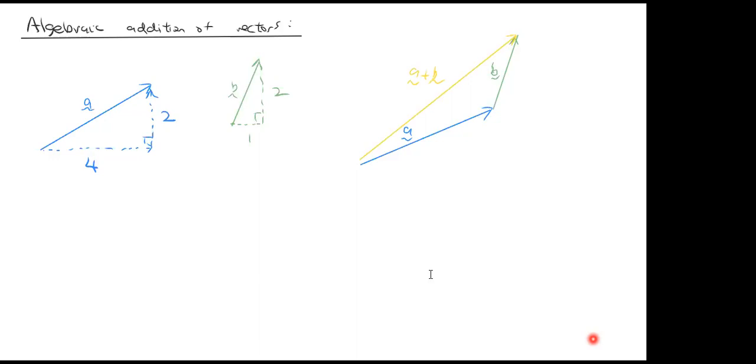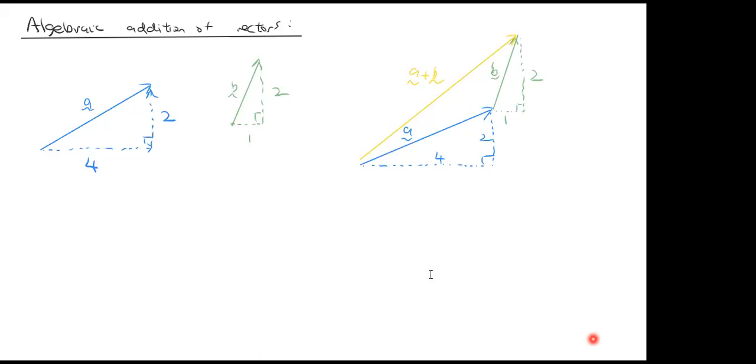So algebraically, you recognize that a is made up of 4 units here and 2 units there, right? And in my example here, b is made up of 1 unit there and 2 units there, right? And remembering that these are base unit vectors, so therefore they're at right angles to each other.